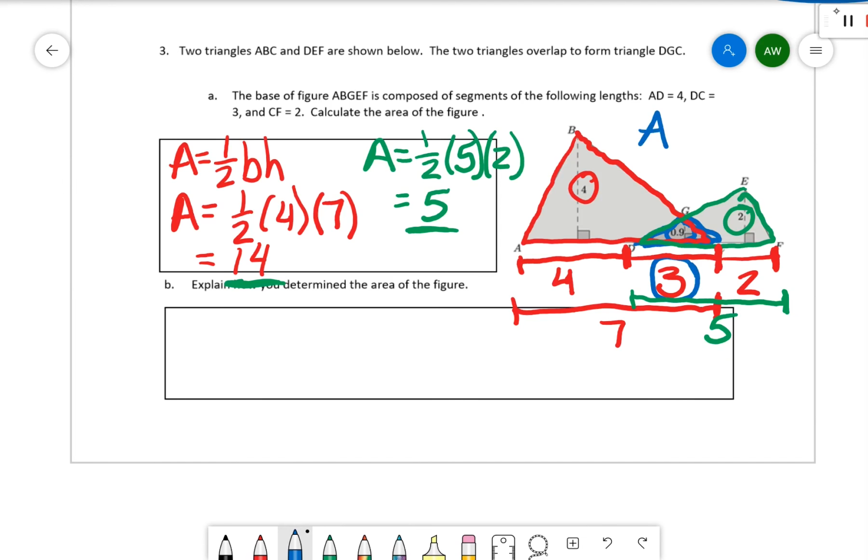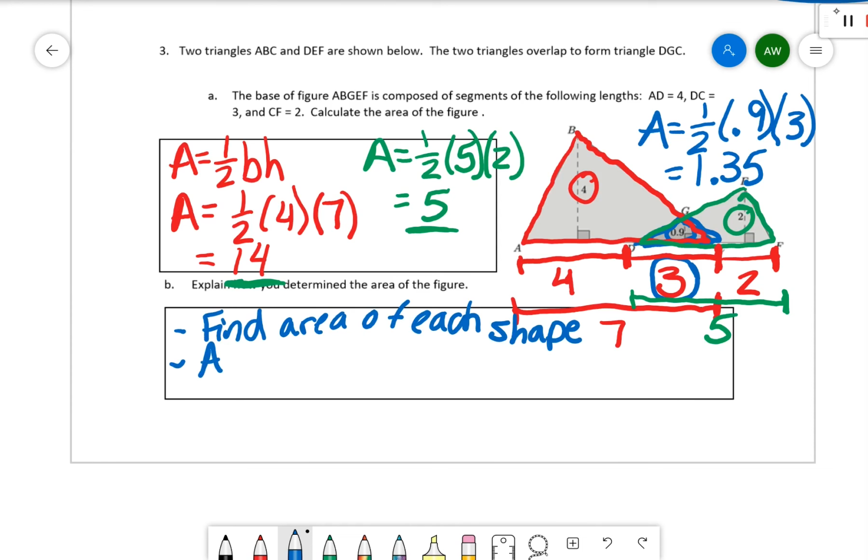So to find the area of the small blue overlapping triangle, I do 1/2 times 0.9 times 3, and I get 1.35.